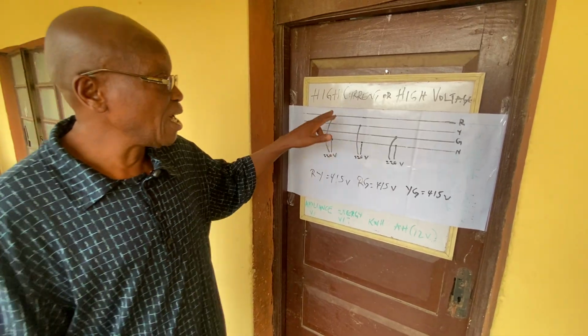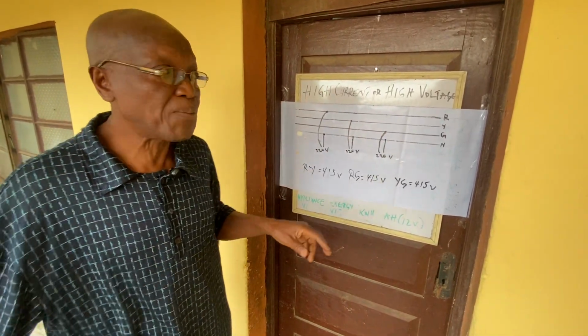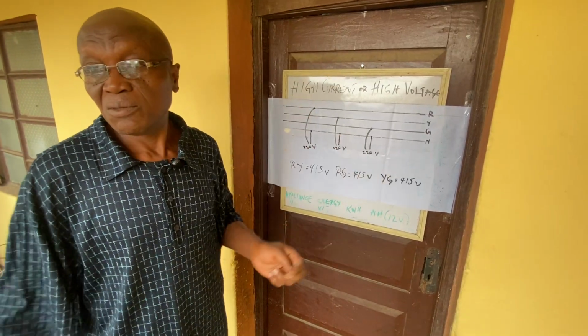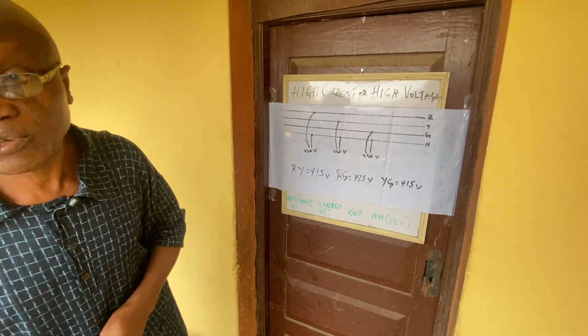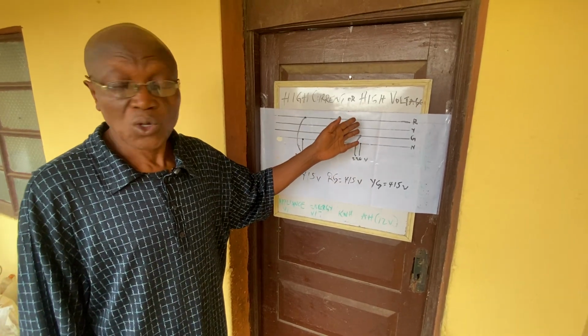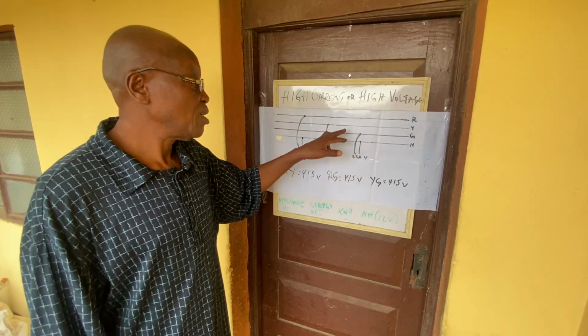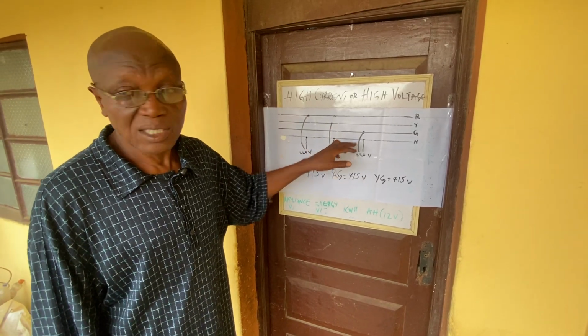One, any of these red or yellow or green could snap, in other words get cut off. It could even be from the transformer, whereby the fuse connected to red could get melted or blown up. Then you have yellow and green still left on.